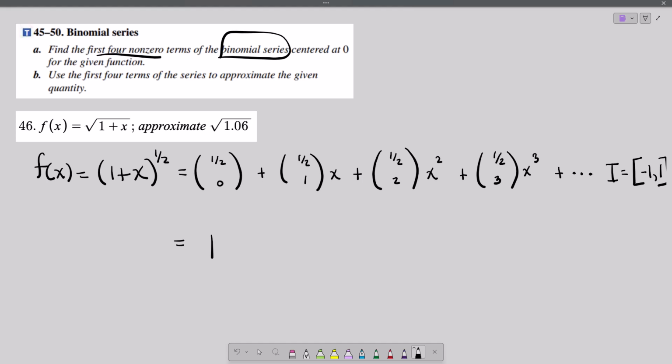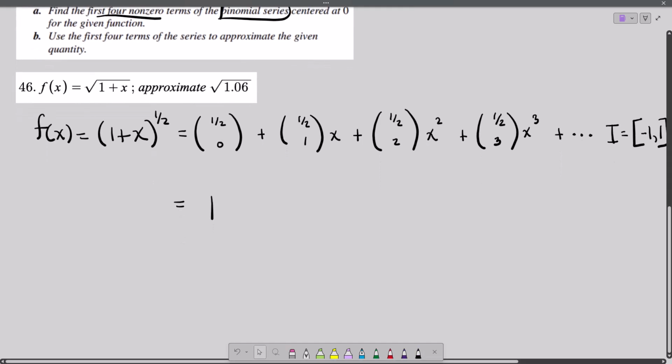Even though in the real world 0 factorial feels like, how can that possibly be equal to 1? We define it to be 1 for all of our notational purposes. 0 factorial will be 1. It just makes all the notation work fine, even though it feels counterintuitive. So that will always be 1.